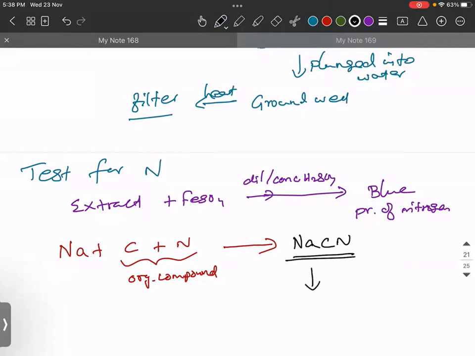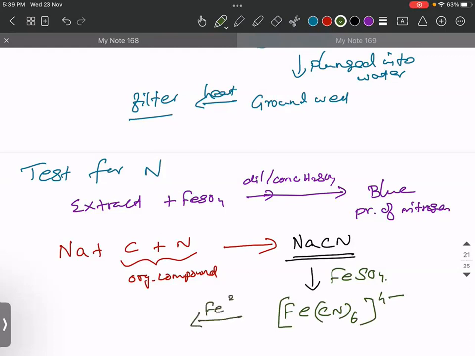Then the sodium cyanide, if treated with ferrous sulfate, will first form [Fe(CN)6]4-, hexacyanoferrate. Again, if you add ferric chloride, Fe3+, or concentrated sulfuric acid, the sulfuric acid can oxidize Fe2+ into Fe3+.